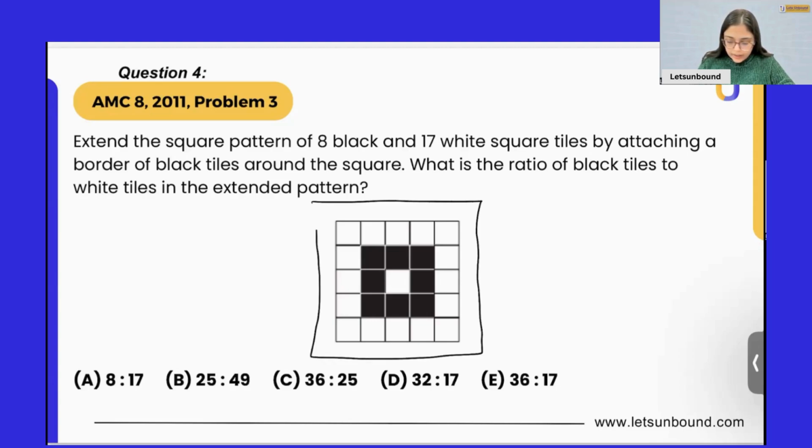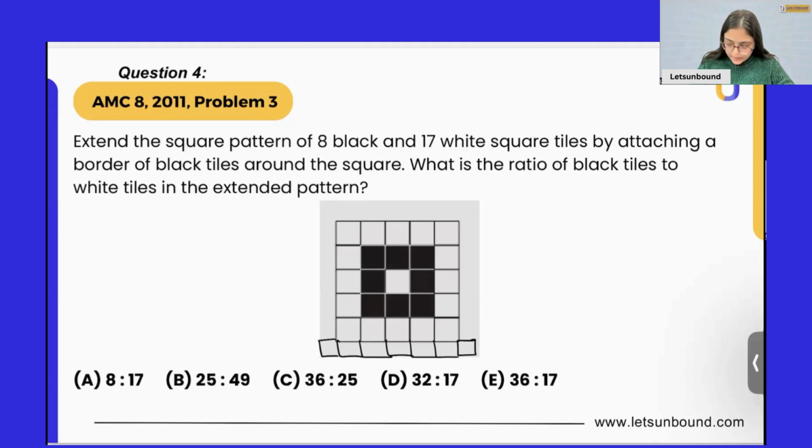Let's just do that. My tiles might not look exactly like the given diagram, but let's assume that all of them are of equal size.